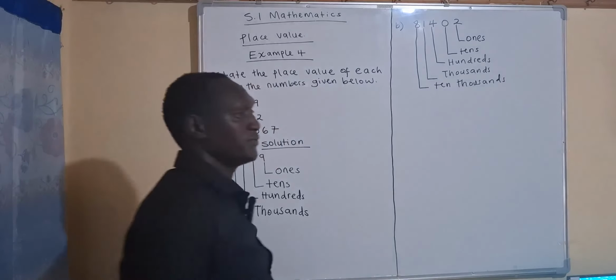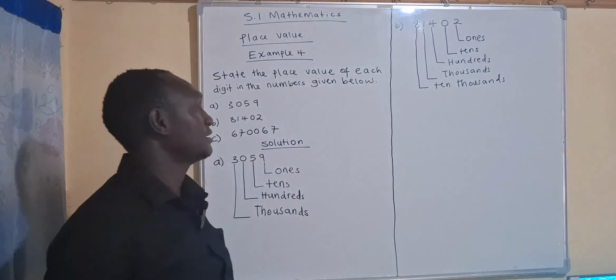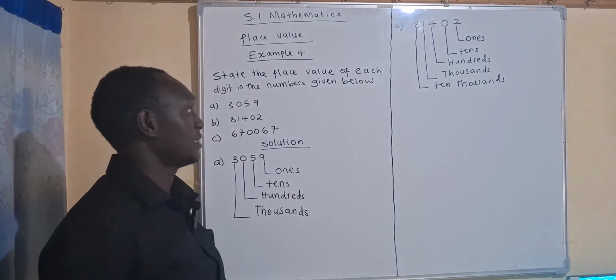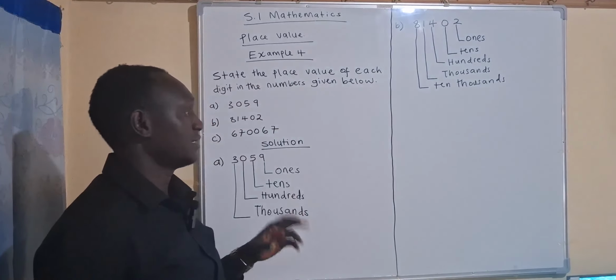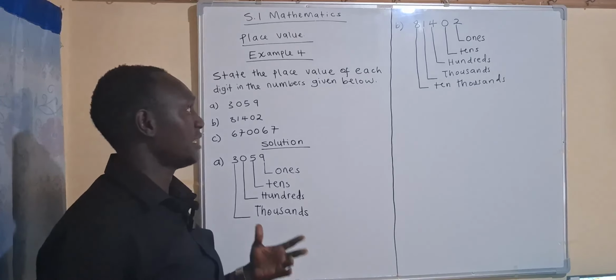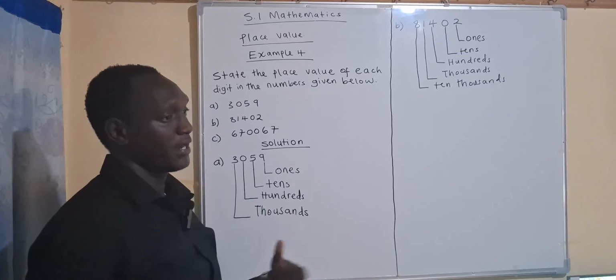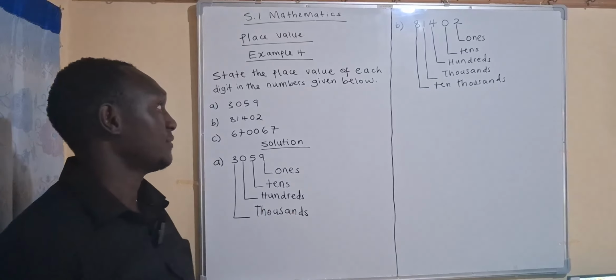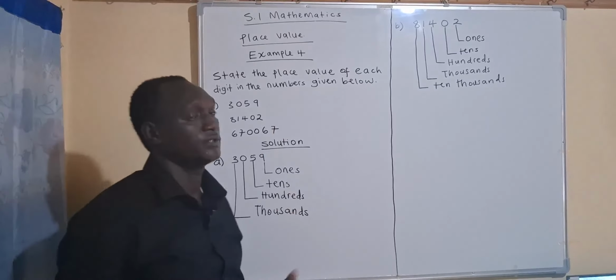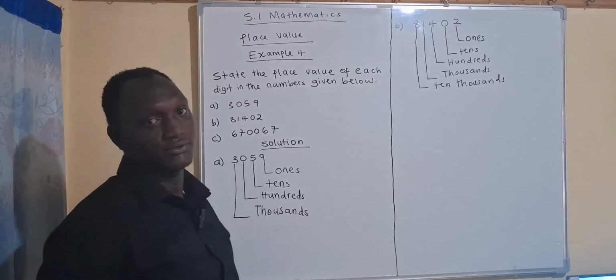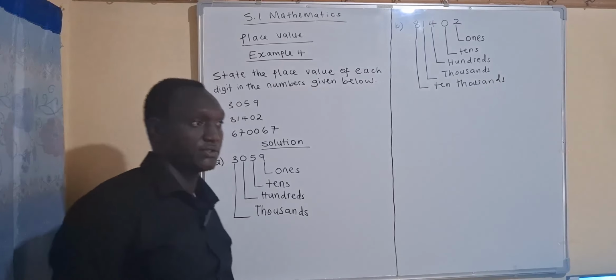So the place value for 4 in that case is ten thousands. That means ten thousands are occurring 4 times, or there are 4 ten thousands in that number, and that is simply how you get the place values.